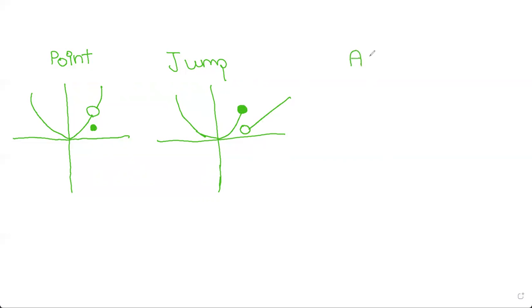Finally, asymptotic discontinuity. So an asymptote is a point where the graph tends to go to. So it looks like it's going towards there, but it will never actually reach that point. So let me give you an example. I'm just going to draw a straight line.